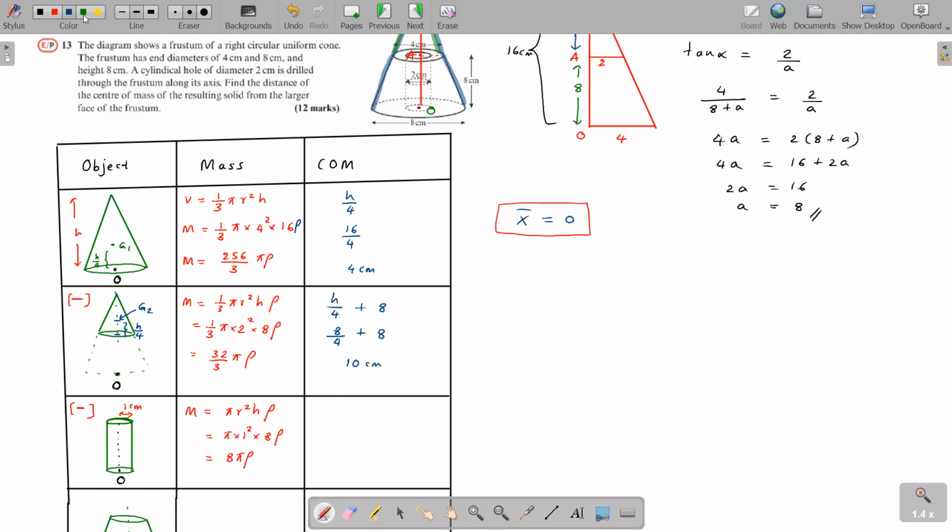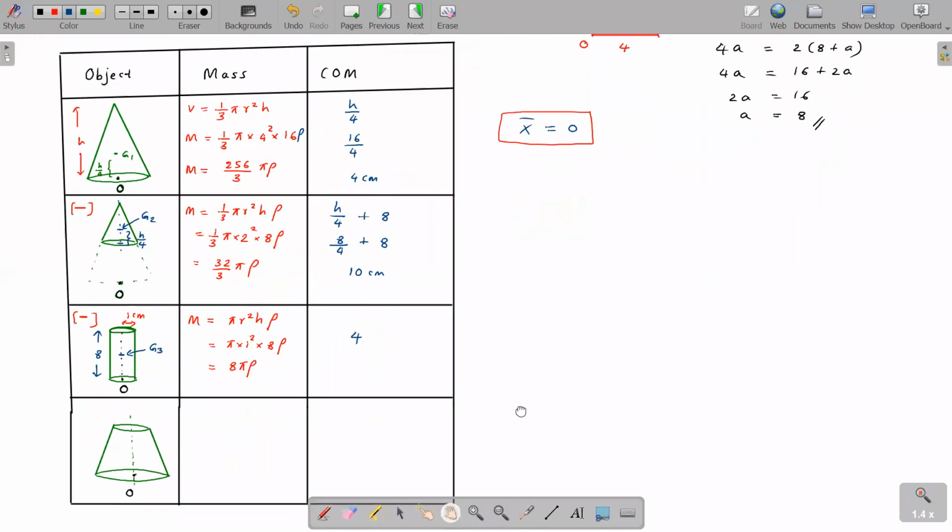So if it is 8 centimeters, the center of mass, G3, is going to be exactly in the middle. So the center of mass is at 4 centimeters measured from O. You don't need to add anything else because from O to G, the center of mass is directly 4. Agreed, guys? So that's filled.